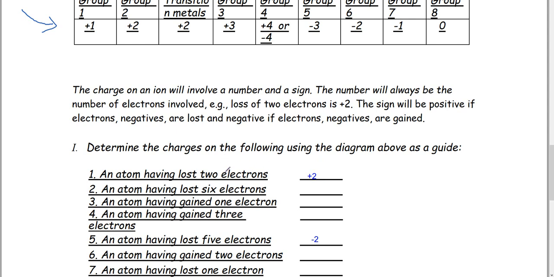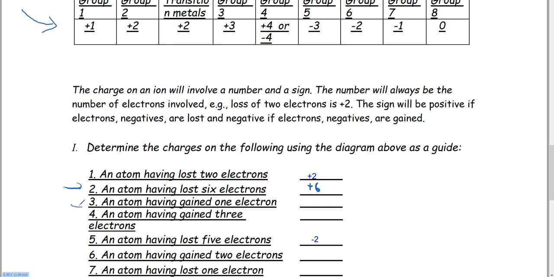So however many you lost, that is how many protons more than electrons you would have. Let's do the second one. This one is already done. An atom having lost 6 electrons. Okay, so lost 6 means plus 6.